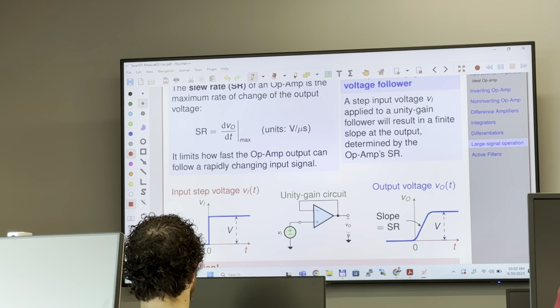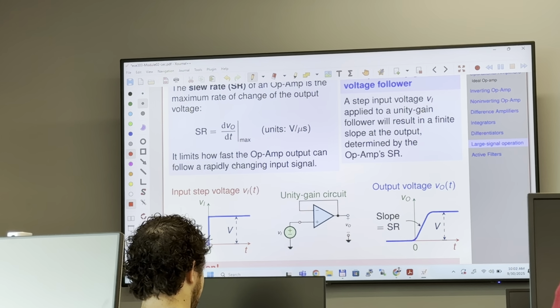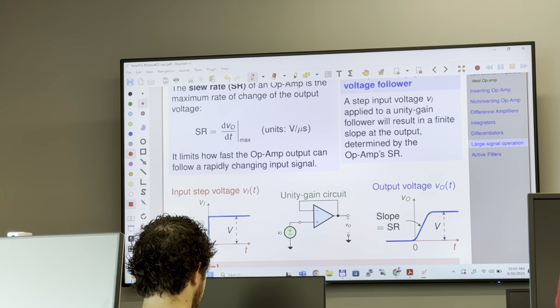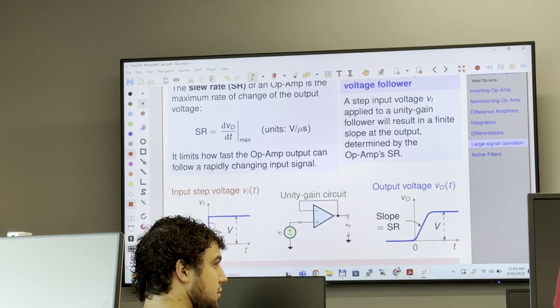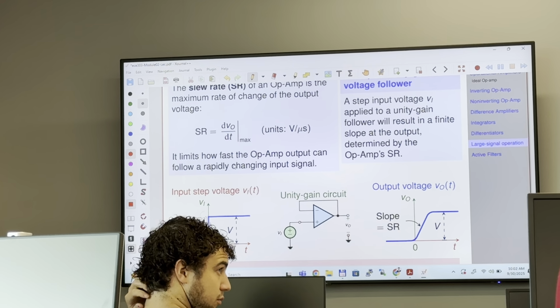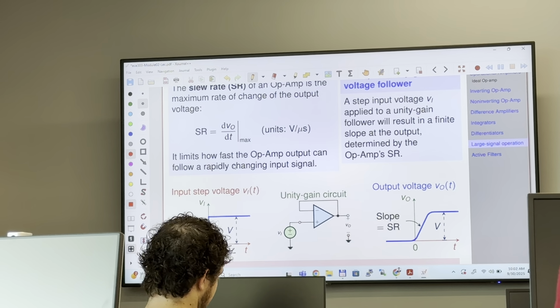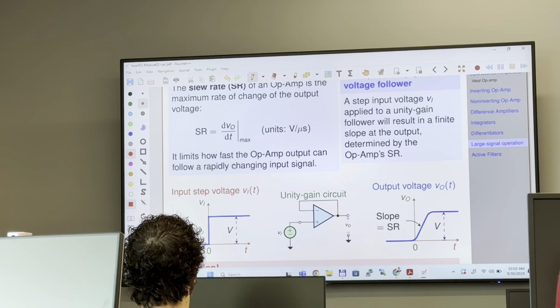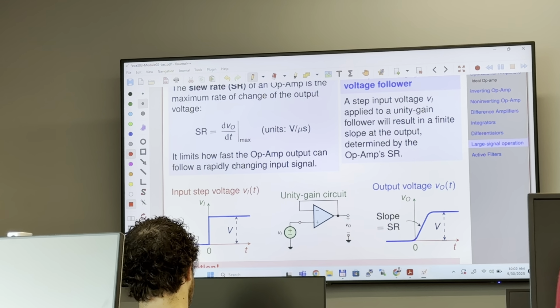That slew rate says how fast your op-amp will respond. The manufacturer puts the slew rate right in the data sheet. And our LMC6482 also has a slew rate. So make sure you understand that.